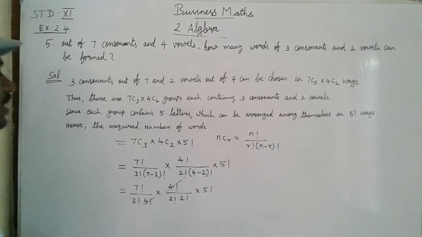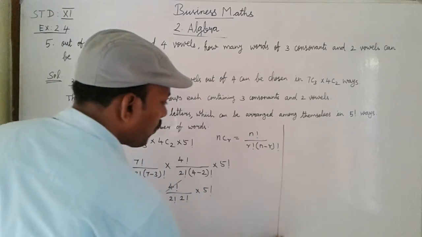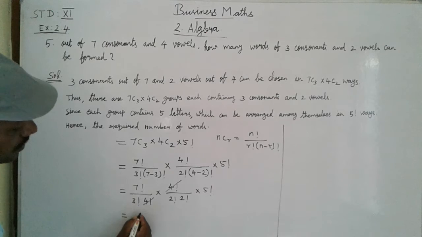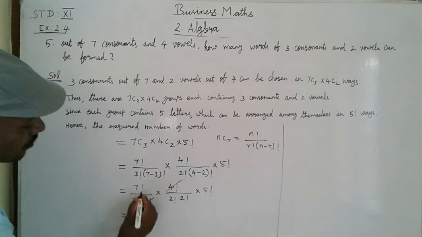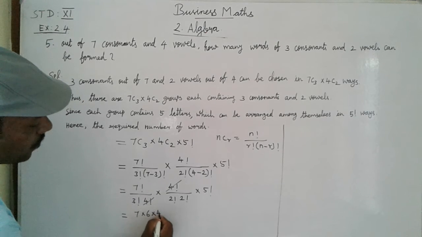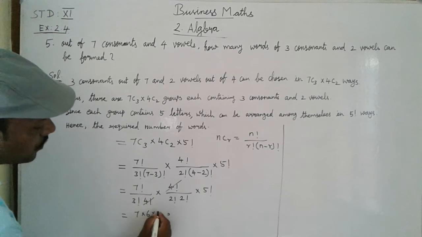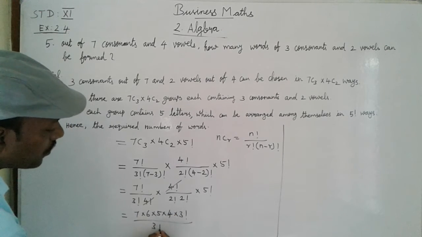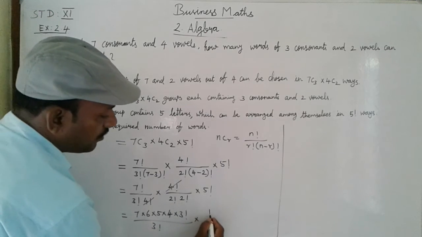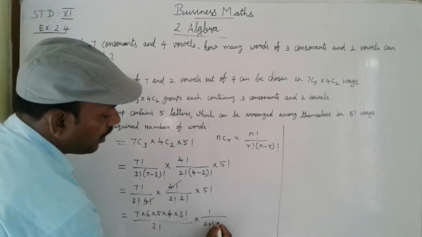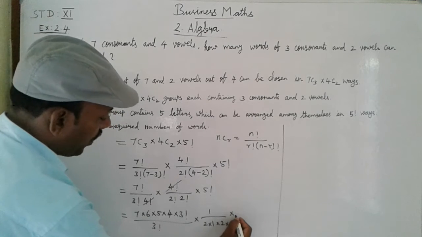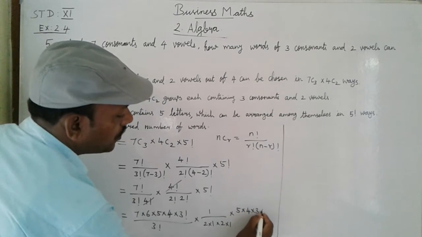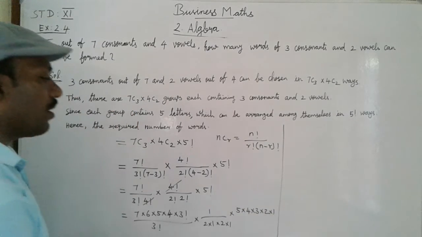Now 4 factorial is cancelled. Next 7 factorial, we should write 7 into 6 into 5 into 4 into 3 factorial divided by 3 factorial into 1 divided by 2 factorial is 2 into 1, into 5 factorial is we should write 5 into 4 into 3 into 2 into 1 is 5 factorial.